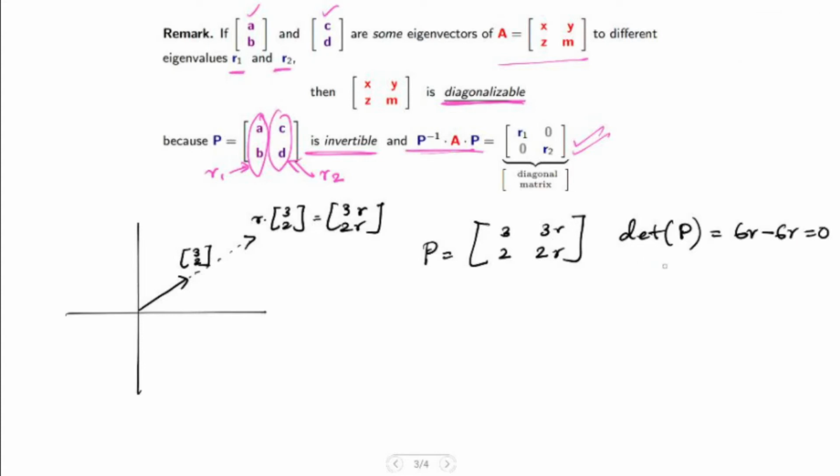And if the determinant is equal to 0, then P inverse is not possible, right? So that's the reason why it is said that you cannot have two eigenvectors to the same eigenvalue, because then they will be on the same line.